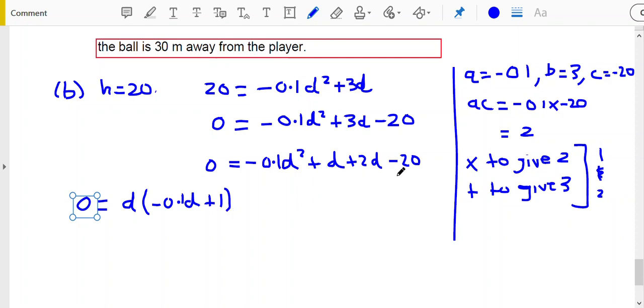And for the second bracket, there's a 2 that's common. So 2 bracket d minus 10.